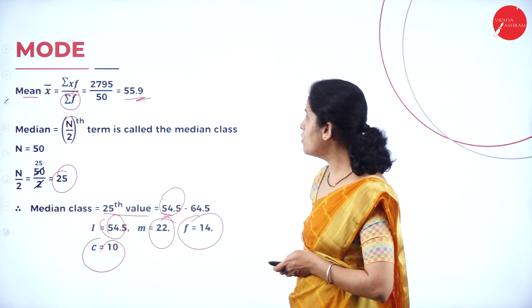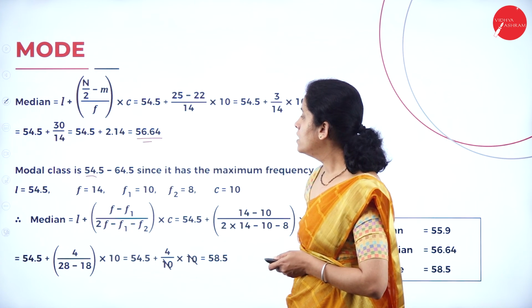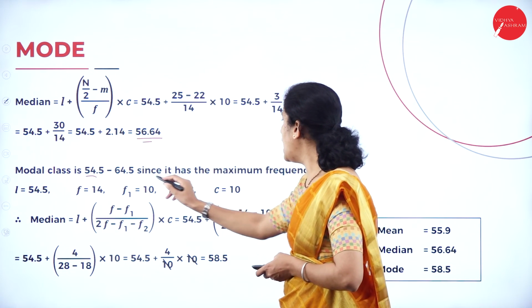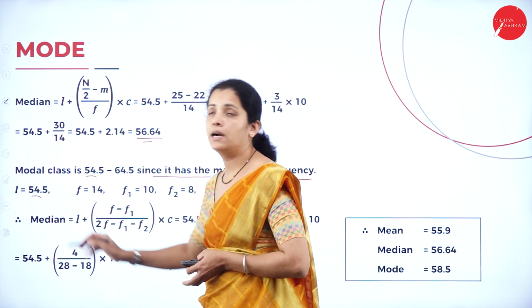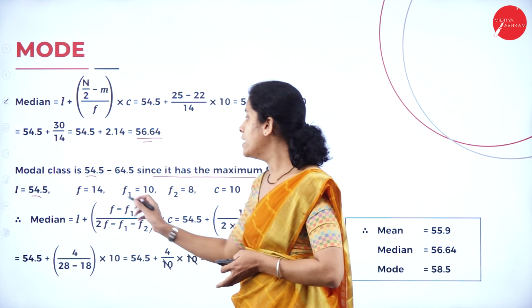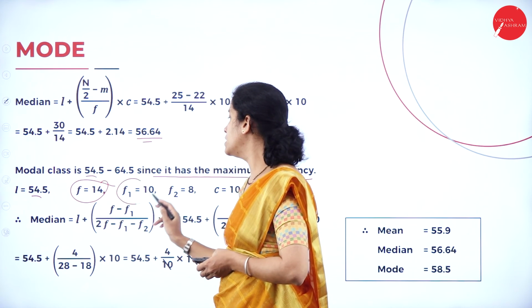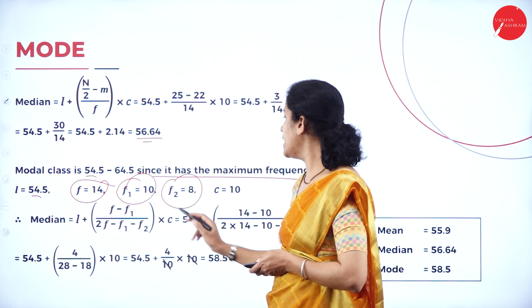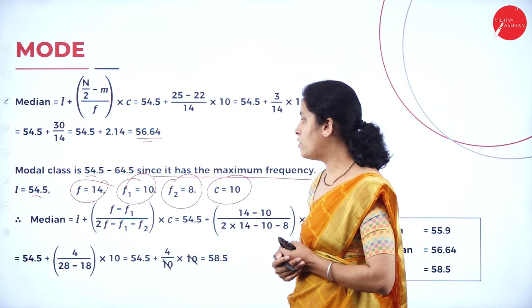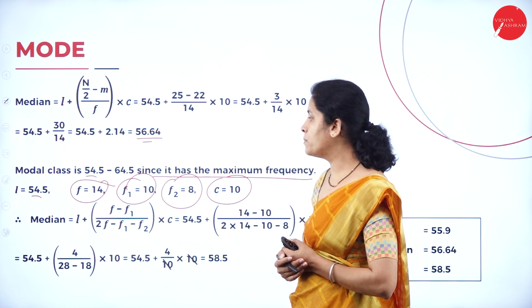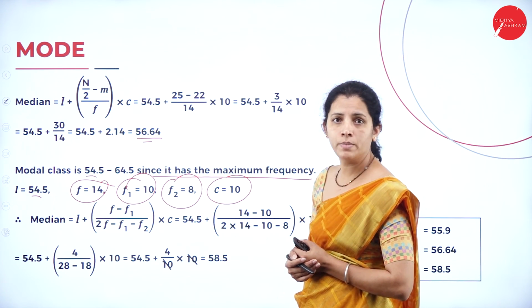Now, if I consider the modal class, 54.5 to 64.5, okay, then it has the maximum frequency. And L is nothing but 54.5, F is 14, F1 is 10, F2 is 8 and C is 10. So here, what is the formula used to find out the mode?